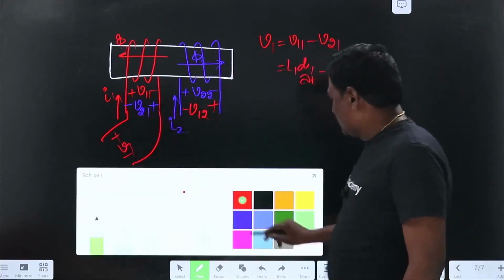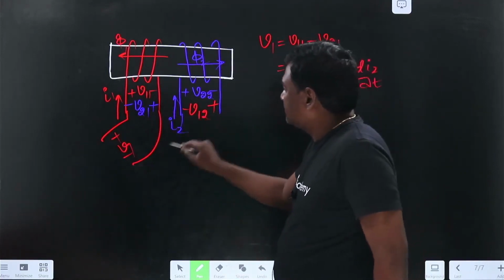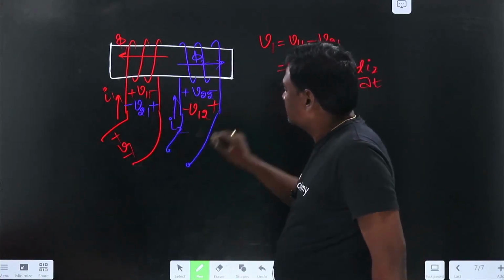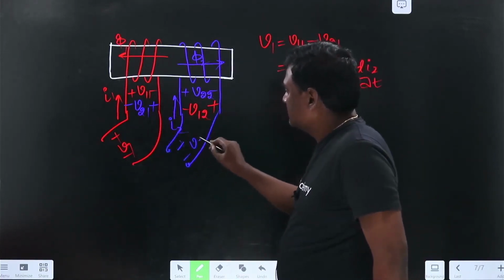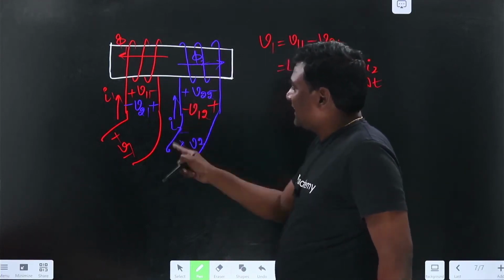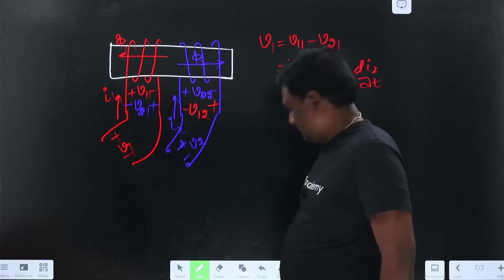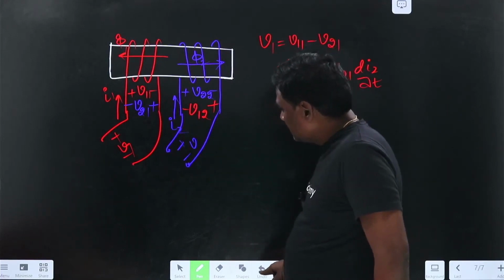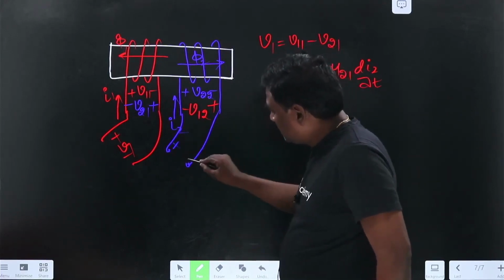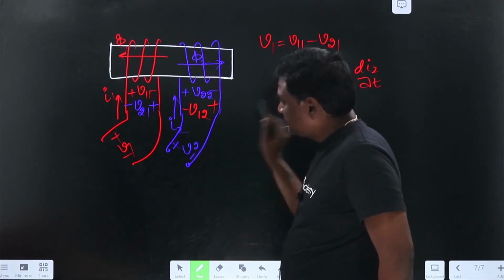Now let us try to draw for V2, plus minus V2. Why? My current is entering here, so plus will come here, minus here, V2.